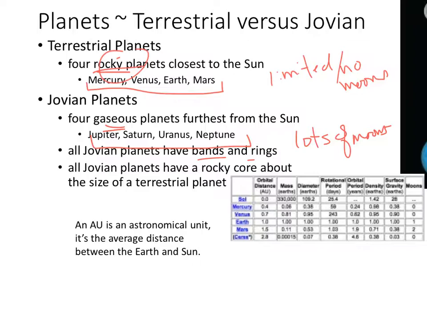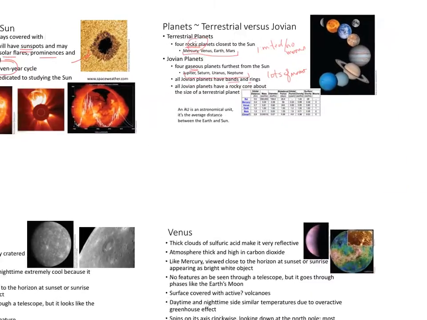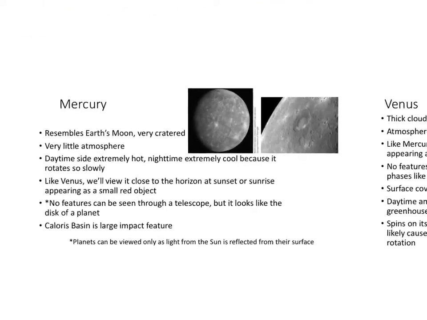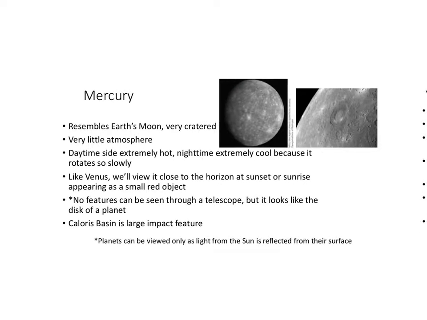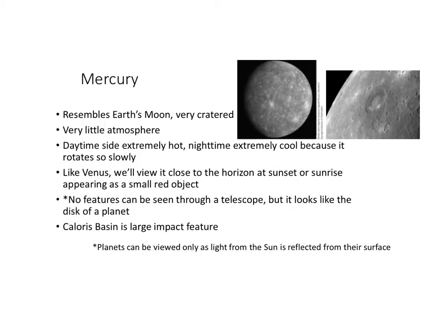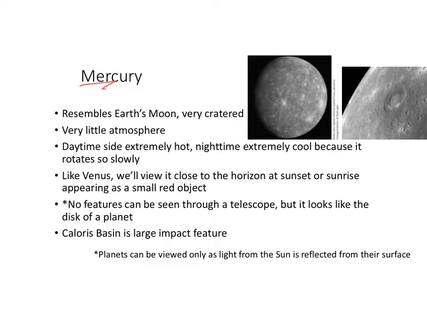Mercury's odd rotation. I'm going to have a question here and there about some of the planets. One of the things about Mercury that I want you to know is that it has crazy, very hot daytime temperatures and very cool nighttime temperatures, and that's for 2 reasons.